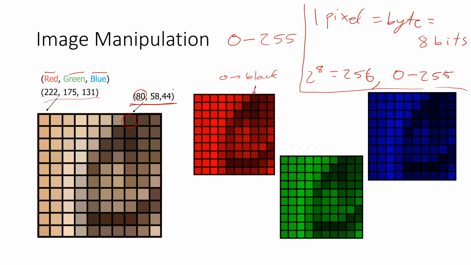If it's a very high number, like 222, it's going to be a very intense red, such as right there. You can say the same thing for the other colors. We have this one, which is about 60 for green, which is very dark, and this one is 44 for blue, which is almost non-existent. It's so dark. So yeah, that's how pixels are represented in computers. Moving forward.